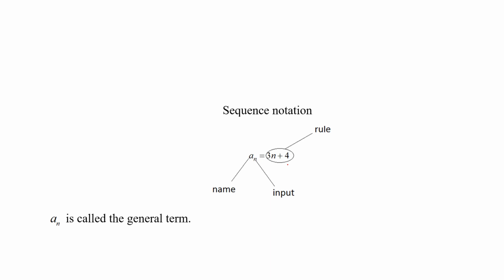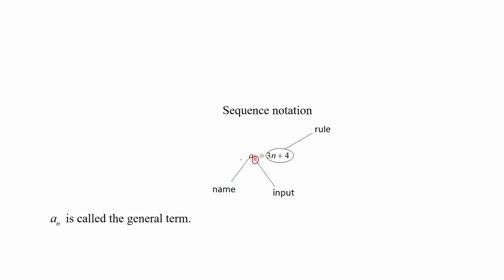Instead of putting the input in parentheses, we write the input down here as a subscript. We read that A sub n, or AN is fine, but I read it A sub n. Instead of F, G, or H, we typically give the name of sequences A, B, C. You can call it whatever you want.